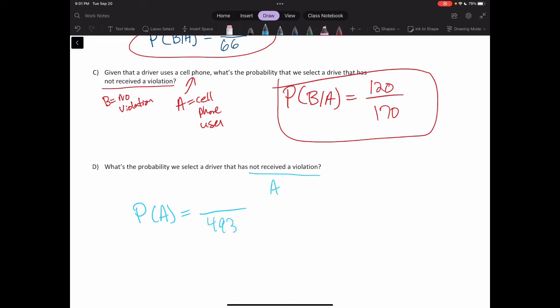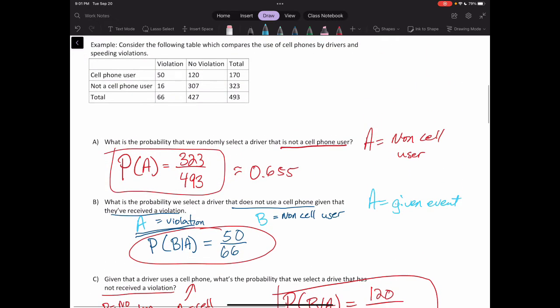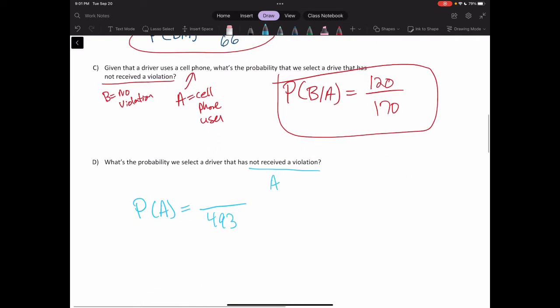All right, and out of the 493, how many of them did not receive a violation? Out of everybody, there's a total of 427 people that did not receive a violation. Okay, so I wanted to mix in a couple of questions there where you have restrictions, a conditional probability, and then some where you do not have a restriction. So I'm hoping that's clear.